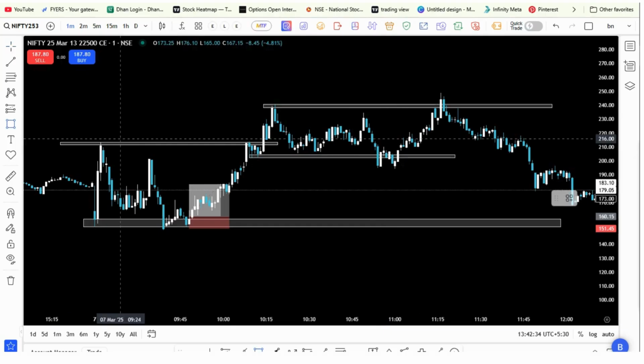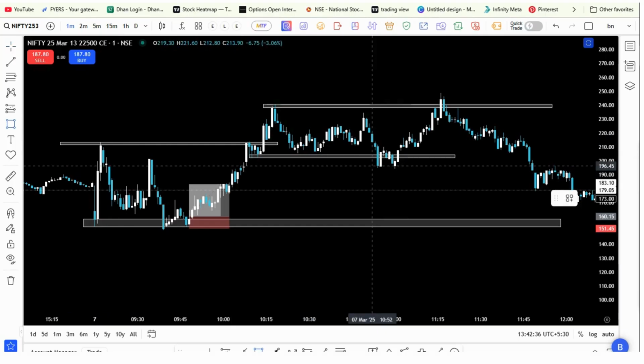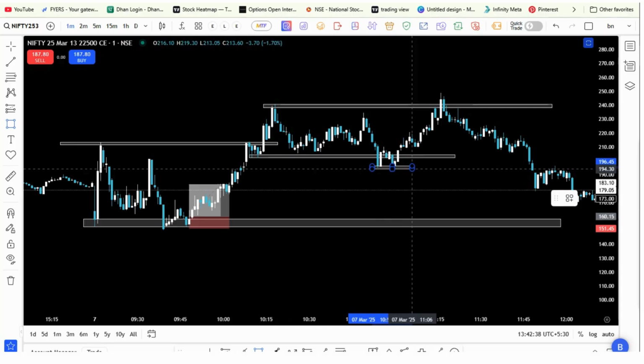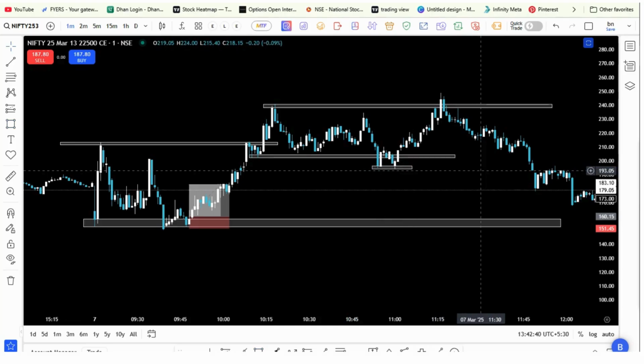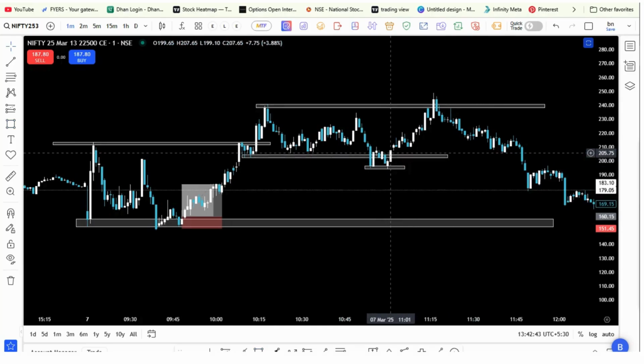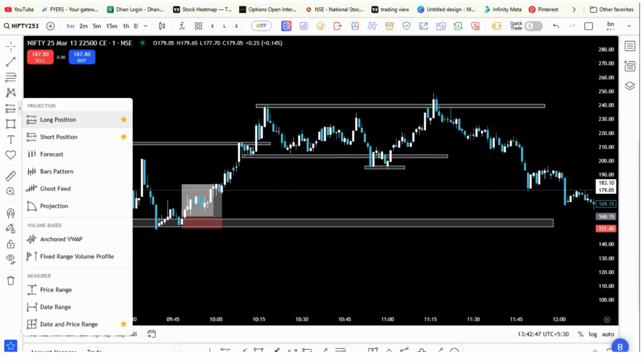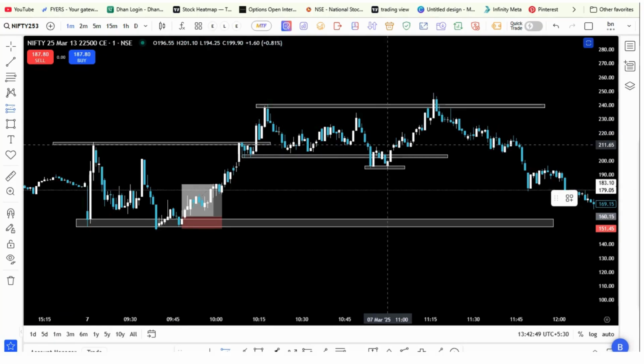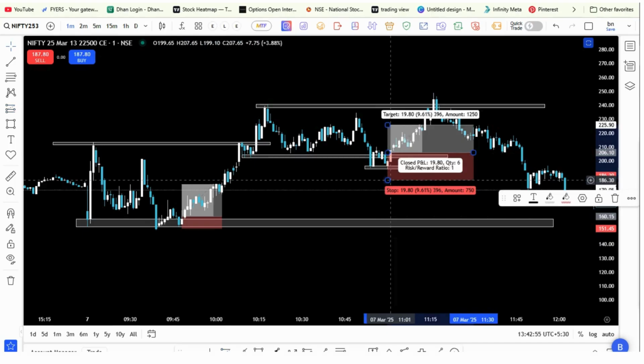You can also see that here a small support zone was created again. Yes, you can mention this as our small support. And once the price has broken the seller candle, you can make the entry. So this would be our entry.